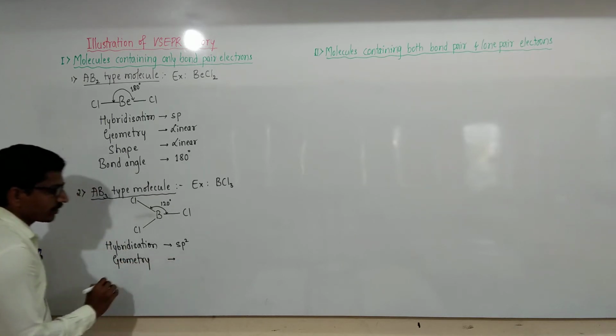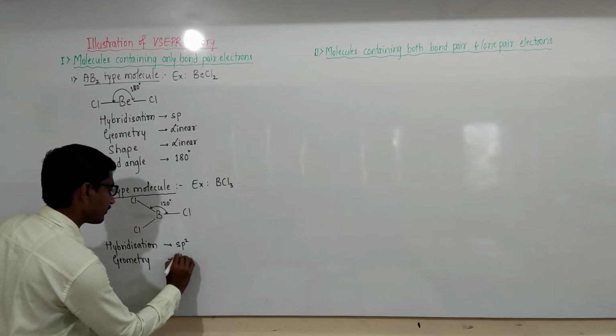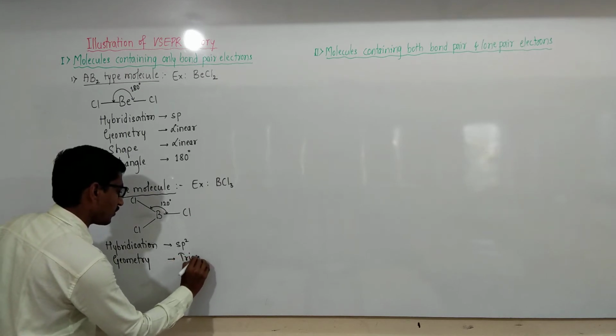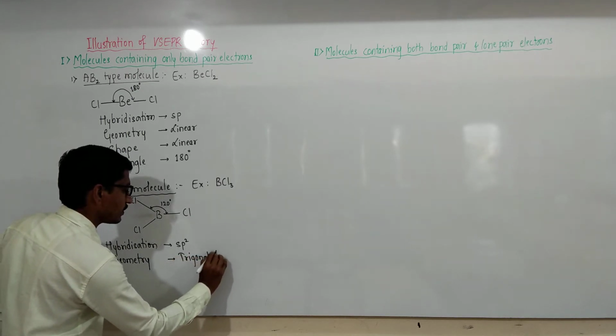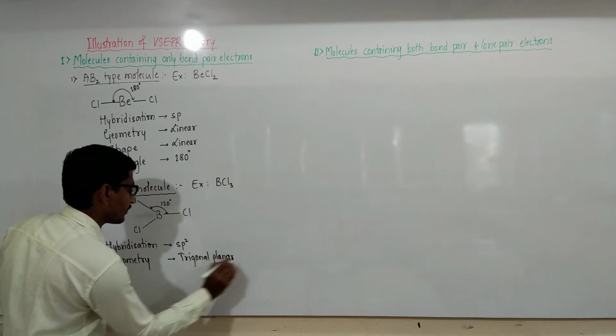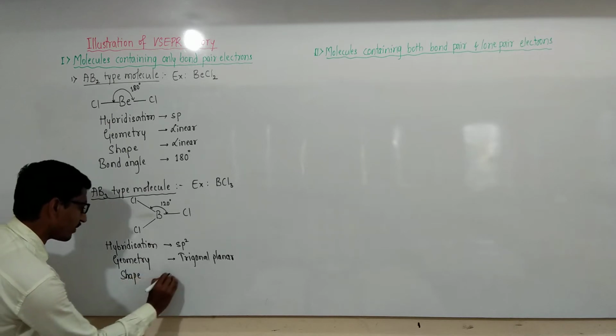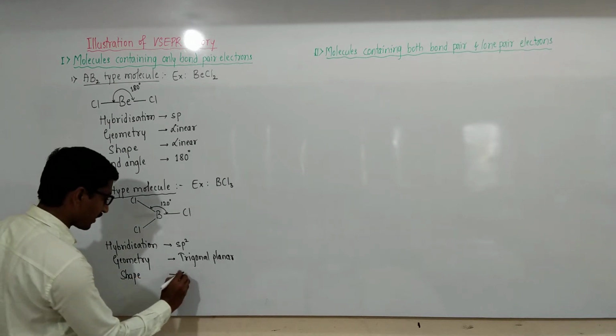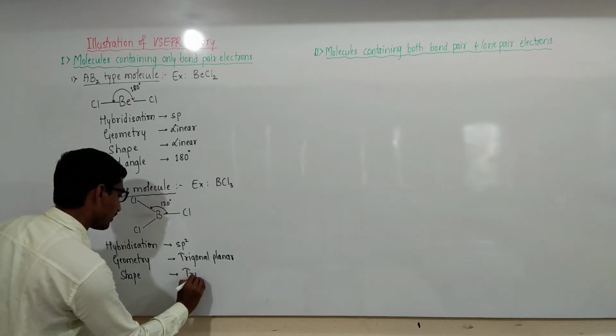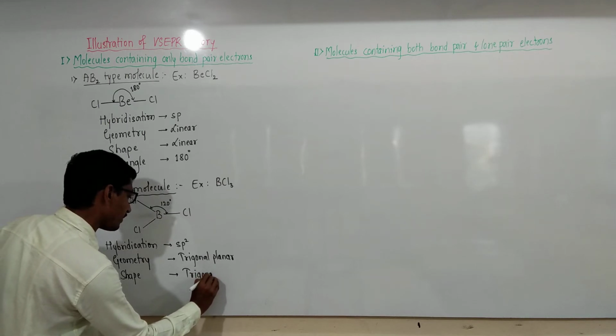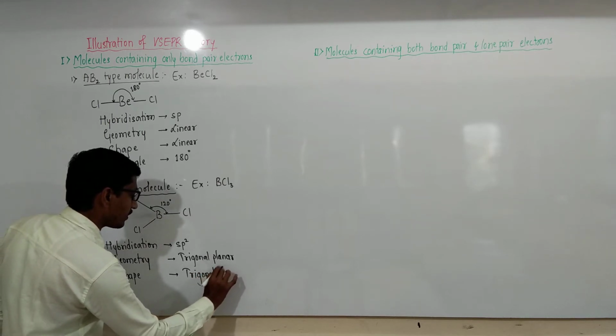The sp2 hybrid state has trigonal planar geometry. The shape is also similar because there is no lone pair of electrons. This is also trigonal planar.